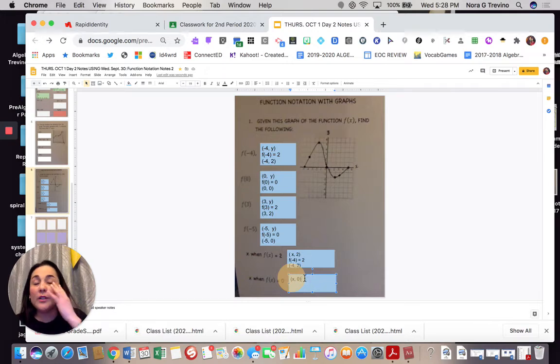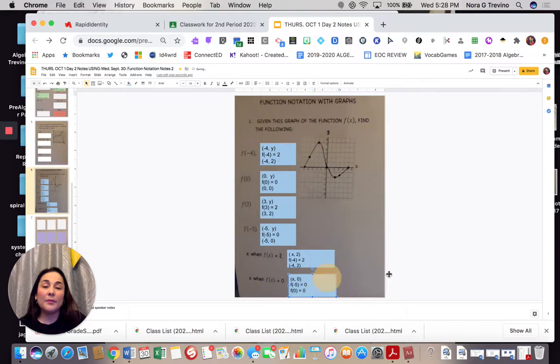Okay, so I'm going to write right here f of negative 5 equals 0. Hey, but that's not the only one, because look, negative 4, 2, nah. Negative 2, 5, nah. 0, 0, yep, that has a 0 on the y too. So I'm going to put right here, f of 0 also had a 0 for the y.